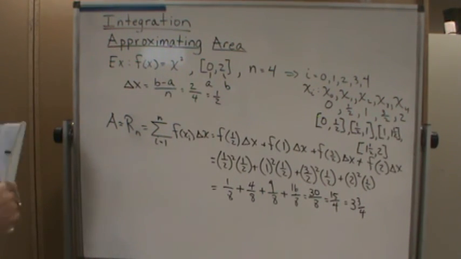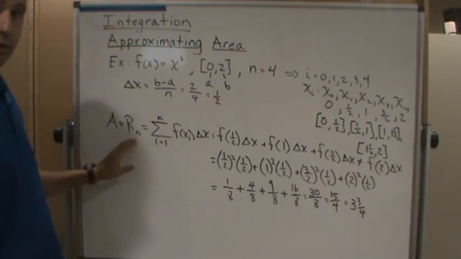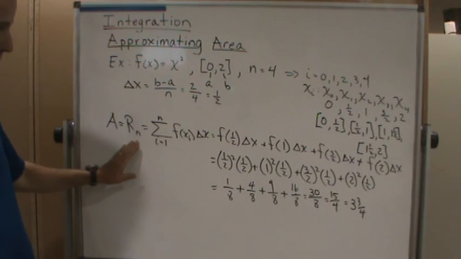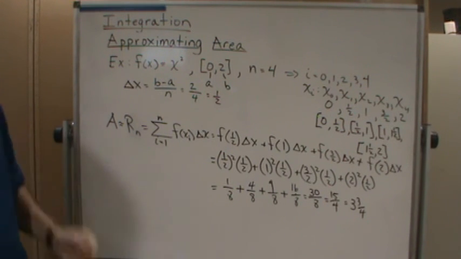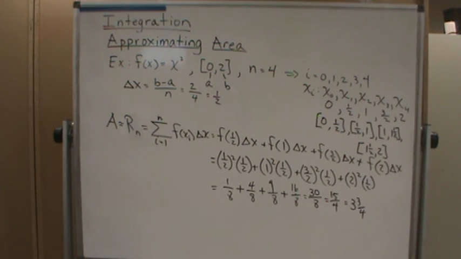And that's it. So with the left endpoint approximation, I got 1 3/4. With the right endpoint approximation, I got 3.75, or 3 3/4.